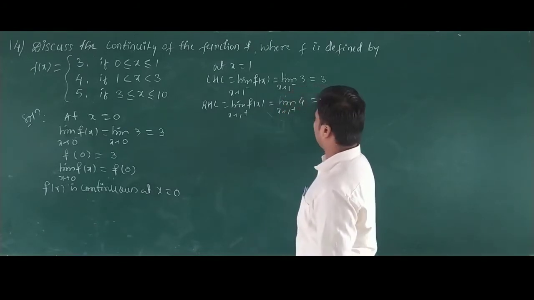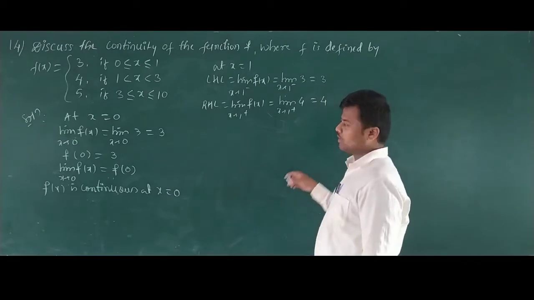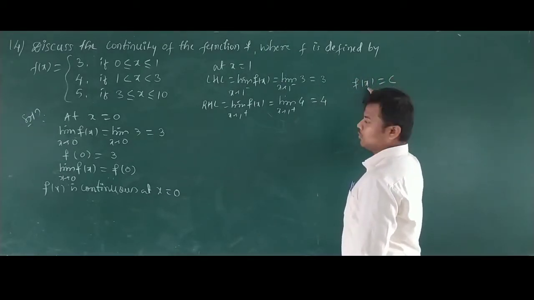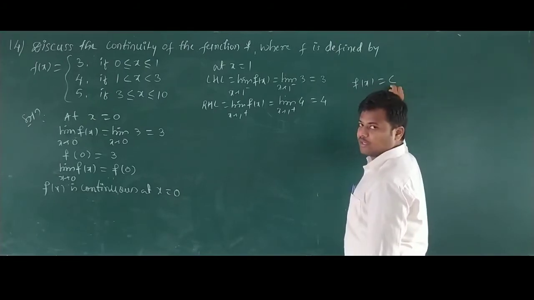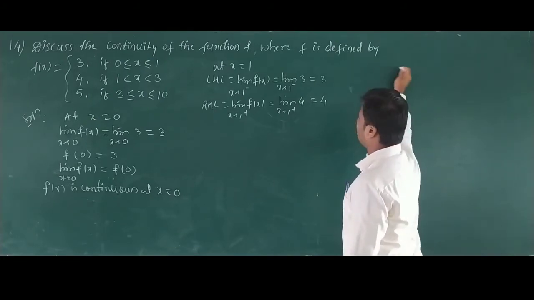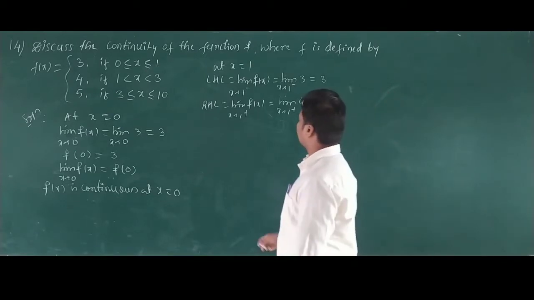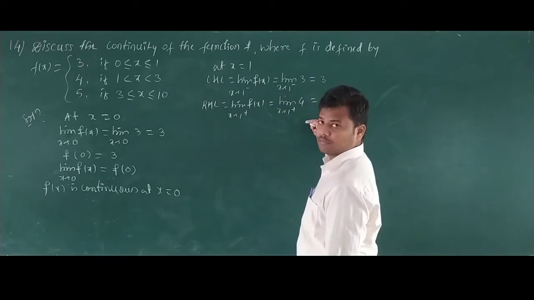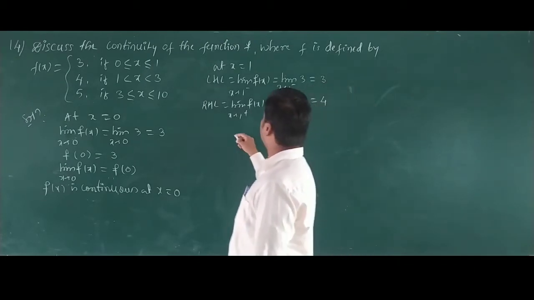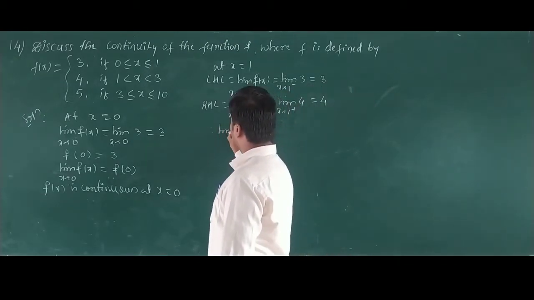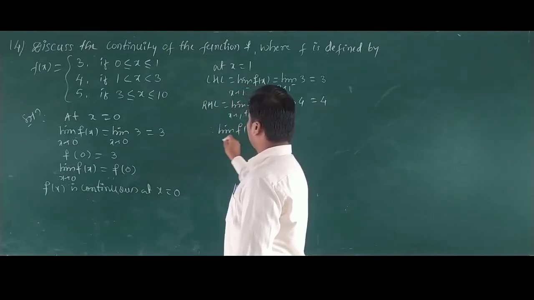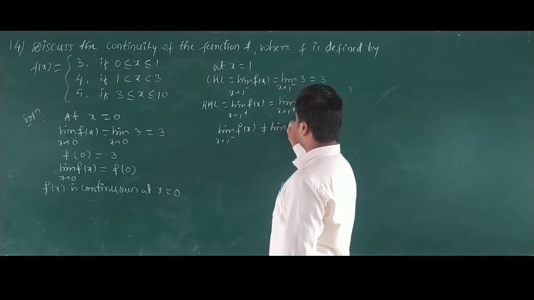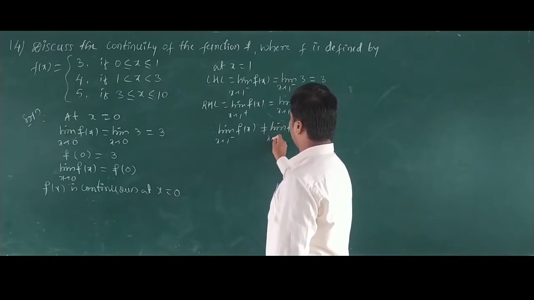For a constant function, f of x equal to c, the value of the function is c. These two values are not equal. Therefore, limit of f of x as x tends to 1 minus is not equal to limit of f of x as x tends to 1 plus.